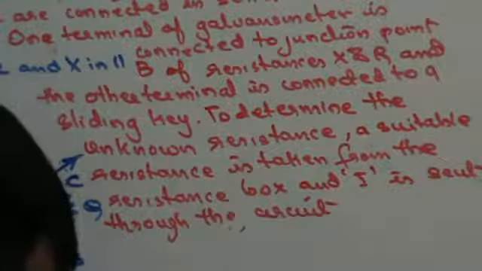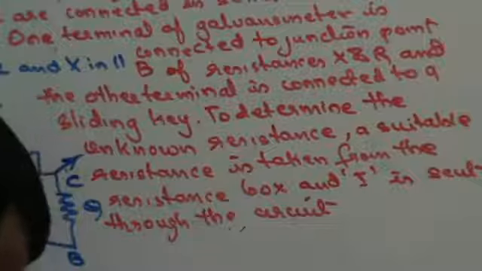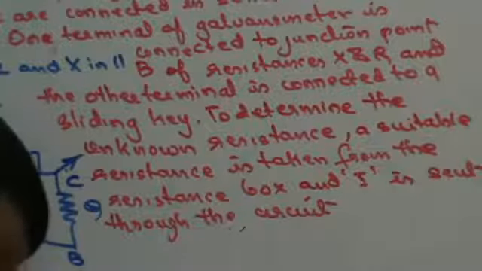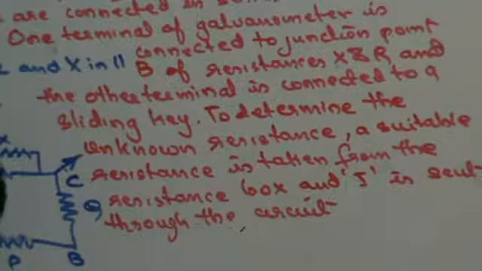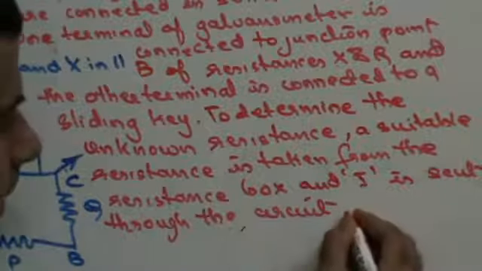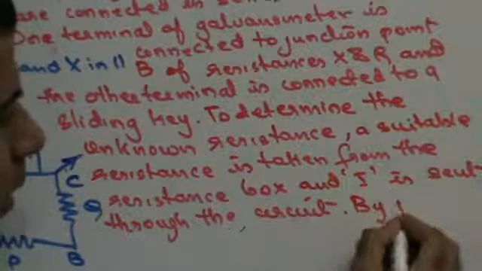Current is sent through the circuit. Now, by touching the jockey on different points of wire AC, a point of contact D along the wire is determined such that the galvanometer shows zero deflection.